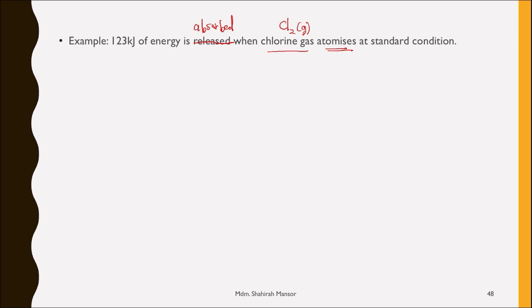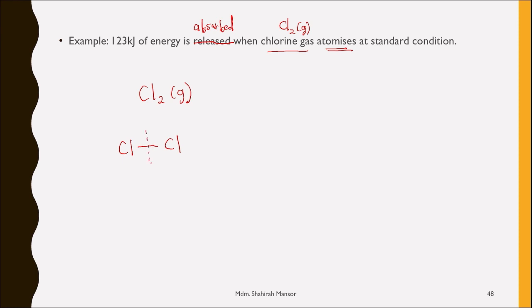So in nature, chlorine gas exists in the form of a molecule. When I say molecule, it means we have Cl and Cl, and these two Cl atoms are connected by a single covalent bond. When this molecule atomizes, the energy absorbed will be used to break the bond.